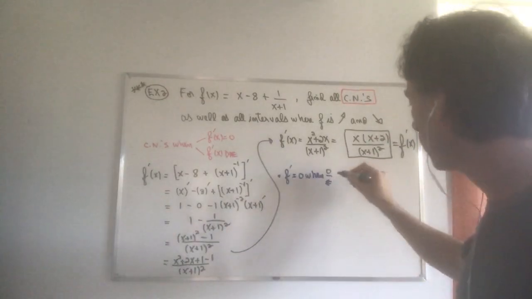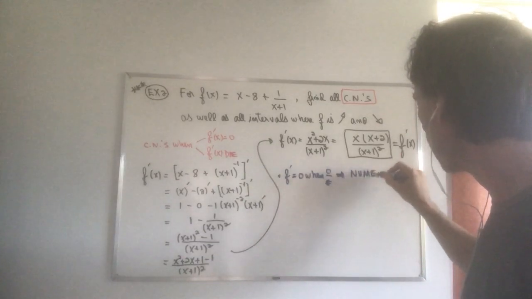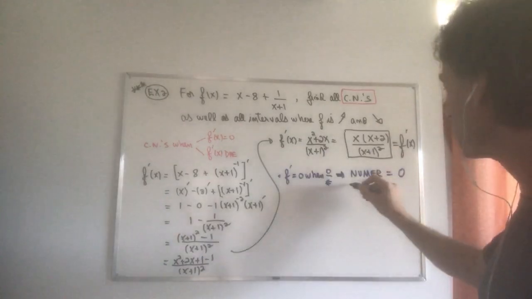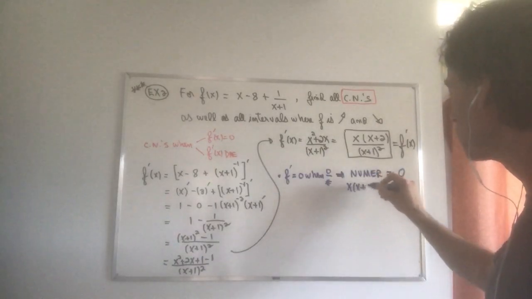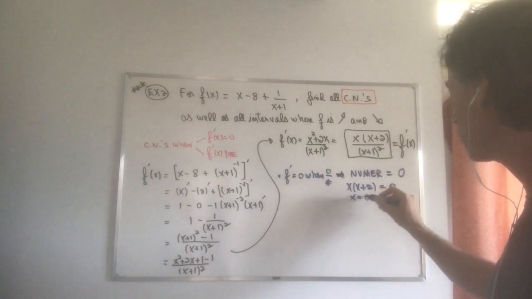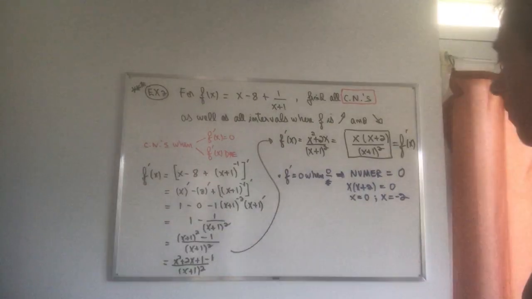So what does that mean? It means that the numerator of the fraction is equal to 0. In other words, it means x times x plus 2 is equal to 0. In other words, x is equal to 0 and x is equal to minus 2.